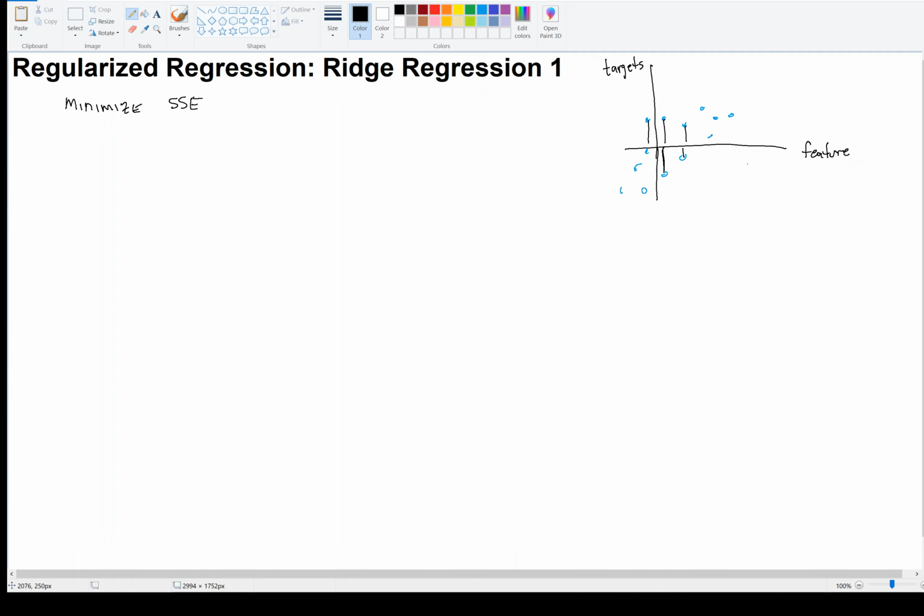So if y is our target data and it has components y1 through yn, then the mean of y, which we represent with mu, is equal to 0.